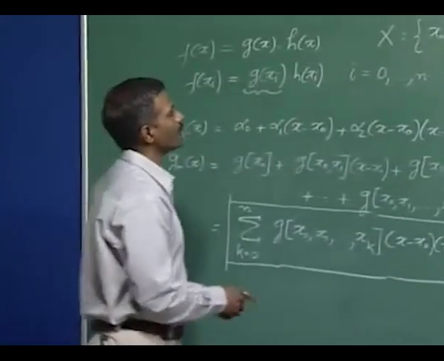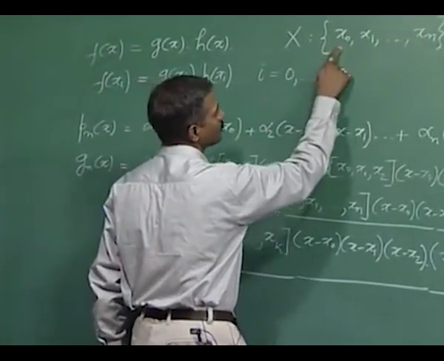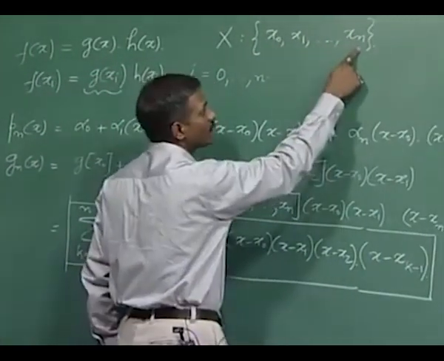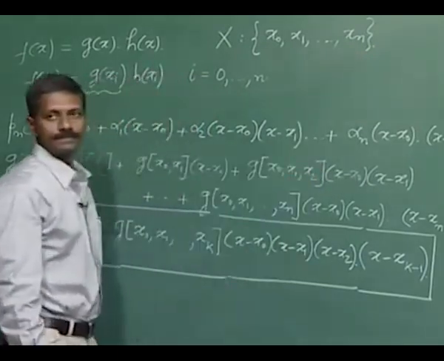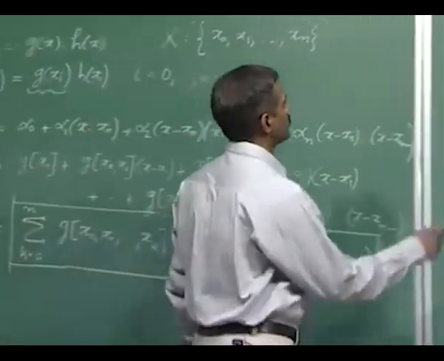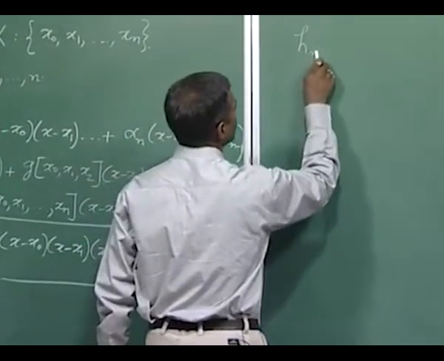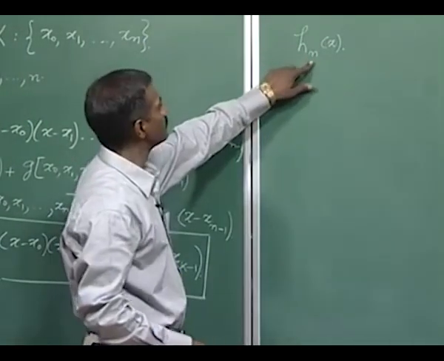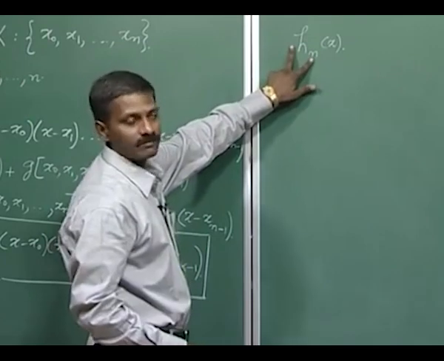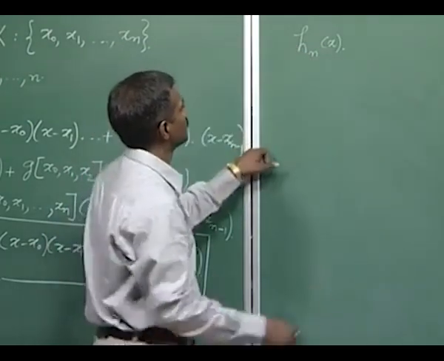Instead of going from x sub 0 to x sub n, we'll reverse the order. So h sub n of x, this is the nth degree polynomial representing the function h of x.